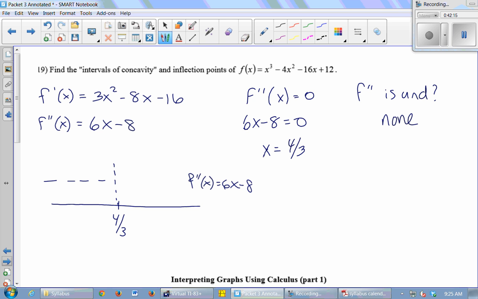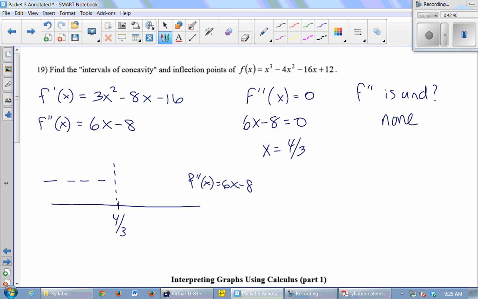Does that make sense? If there's more than one critical point, then it suffices to test one point in each interval. Because if it actually changed somewhere else in between, you would have another critical number. The only place it can change is at the critical numbers.